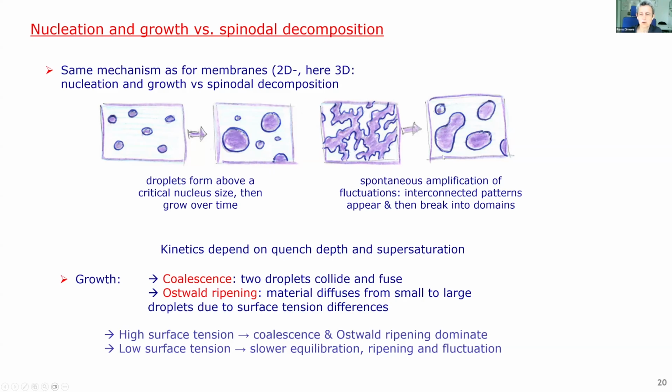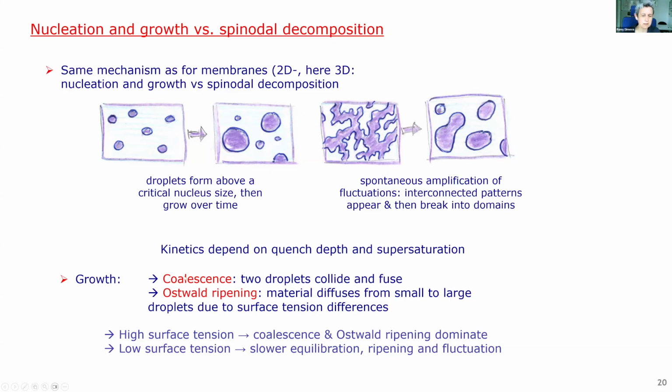We have condensates, or spinodal decomposition, where you have spontaneous amplification again of the fluctuations and interconnected patterns then form the condensates. The kinetics depends on how deep into the phase diagram you change. This is called a quench depth, so how much you change the conditions for phase separation.